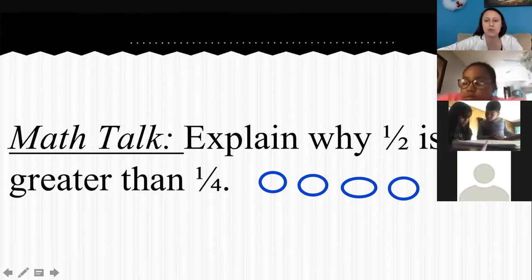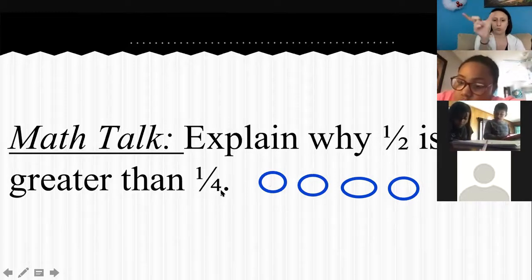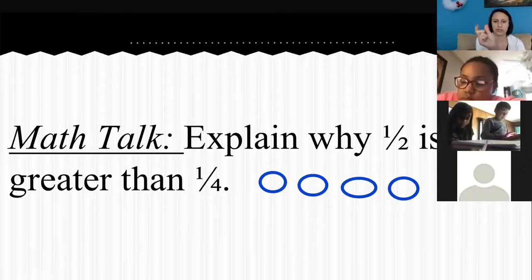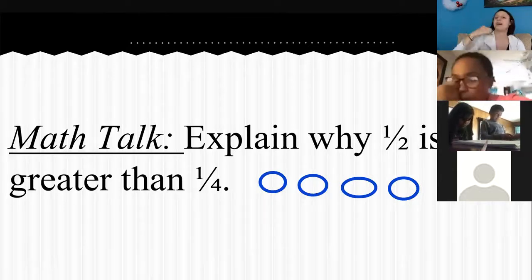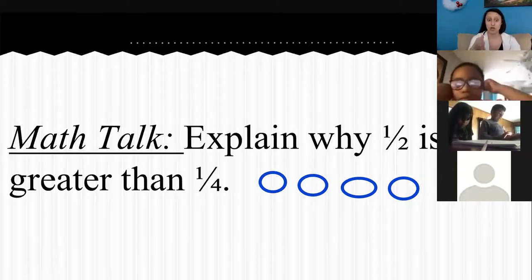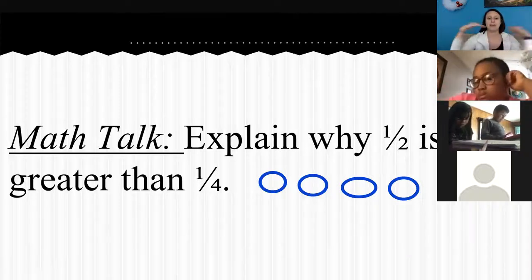So that's why 1/2 is greater than 1/4. And also, the larger the denominator, what happens to the pieces? They get larger or smaller? Smaller. Because if I have a pizza that's cut in half, those pieces of pizza are going to be much larger than if I have a pizza cut into 4, right?